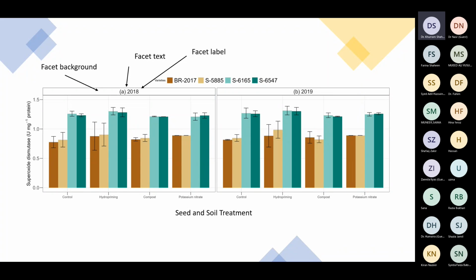If we want to present variety wise, we can give commands to show all varieties in 2018 in fill and varieties on the x function. So we can present it. If we want to make a graph variety wise, we can make 4 graphs with a single command. Is it clear, Dr. Saab?